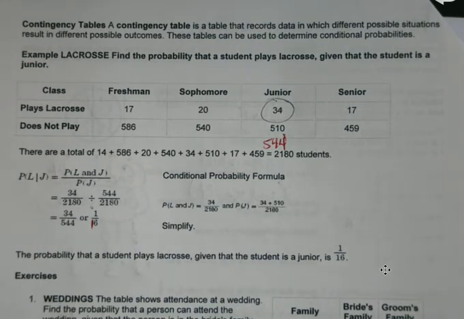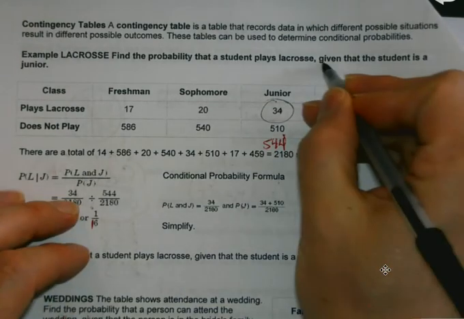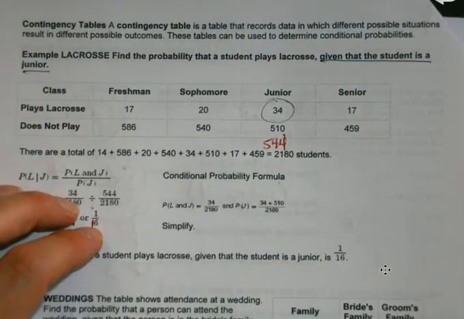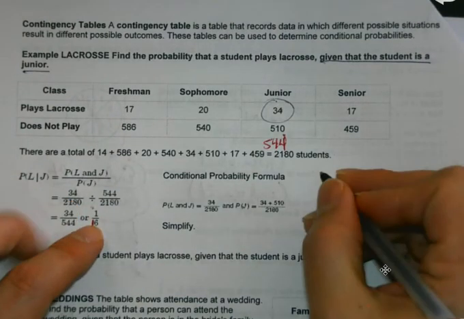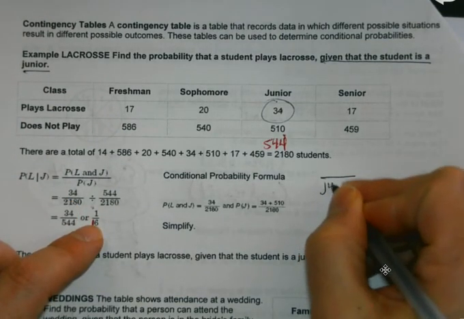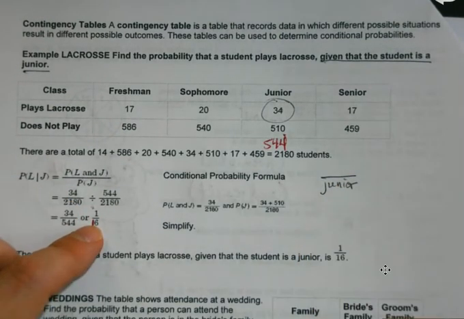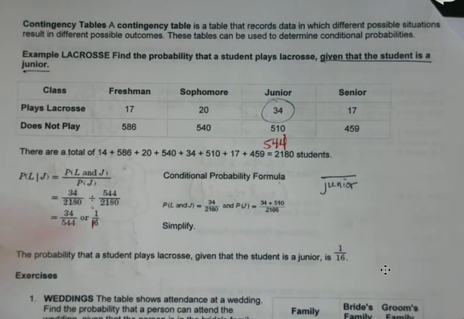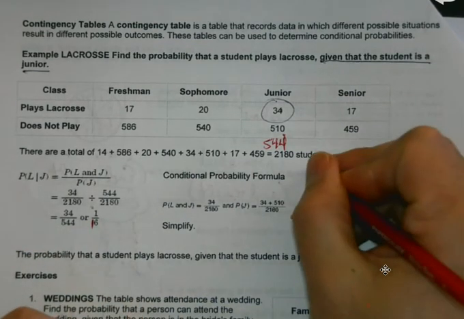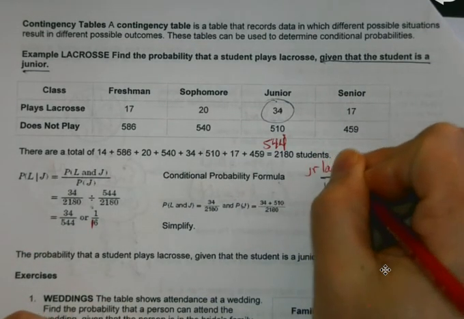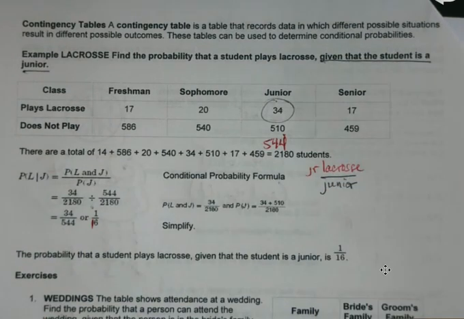Otherwise, we could keep doing this like we were doing the other ones. Because here's the given part. Given the student is a junior, so I'd be looking at a junior over a junior lacrosse player.